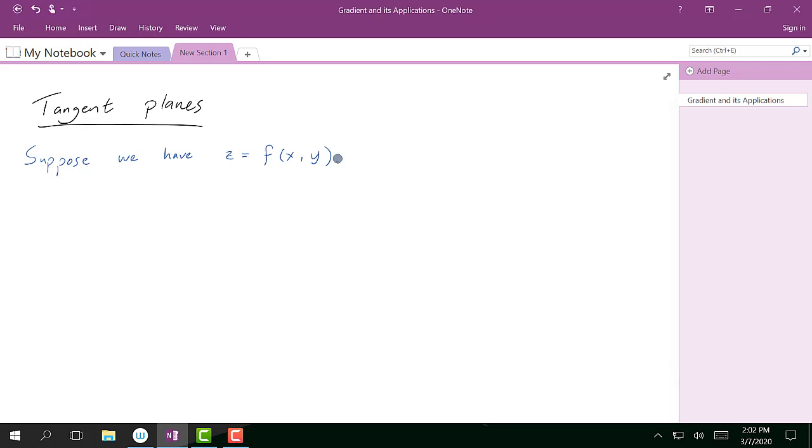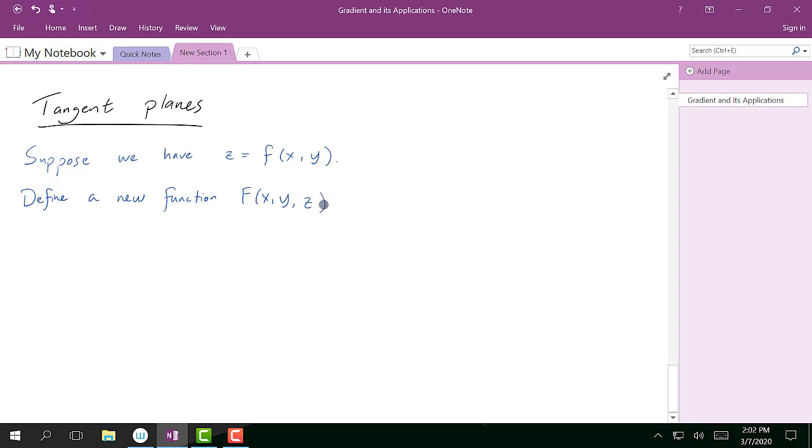Now, what we're going to do is a little bit of math trickery of sorts. We're going to define a new function of 3 variables, capital F of x, y, and z.